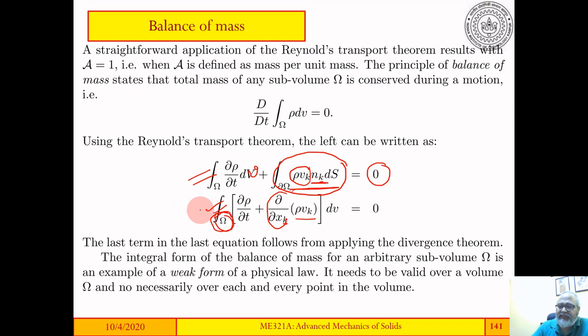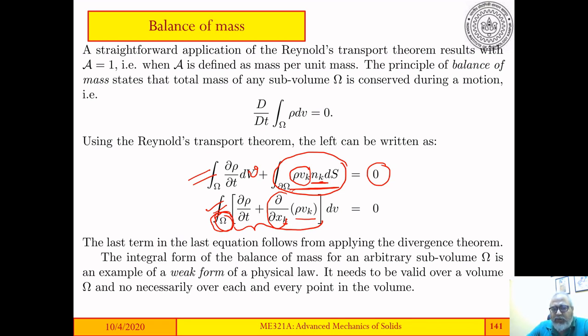That is the essence of continuum mechanics. So this has to hold for no matter how small omega is. And in that situation, the only way that this can happen is if the term inside the square brackets is 0 for any dv possible.